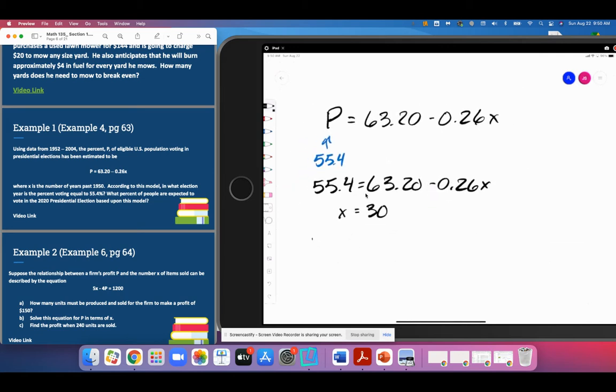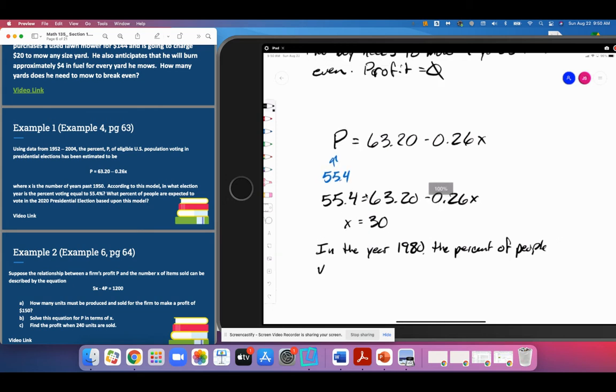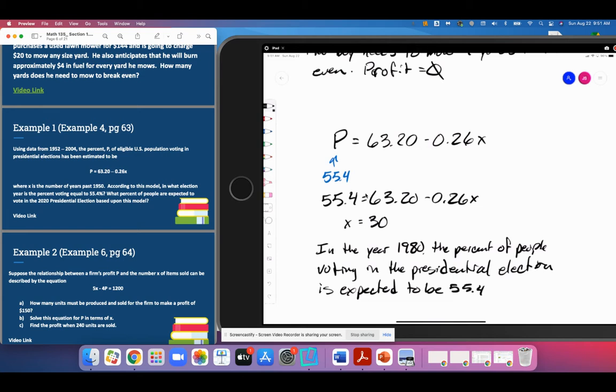And so in the year 1980, the percent of people voting in the presidential election is expected to be 55.4.